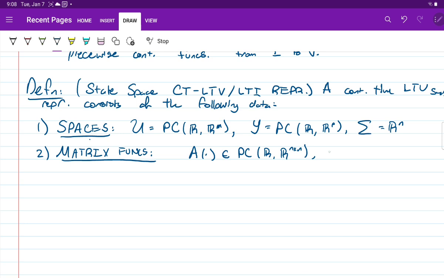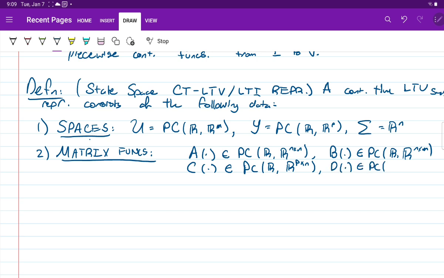I'm going to have a function B, which goes from PC of R to R^(n by m). I'm going to have a function C, which goes from PC of R to R^(p by n), and D, which is in PC of R, R^(p by m). Okay? So far I've specified the different spaces that I need and a collection of matrix-valued functions, each of which is piecewise continuous.